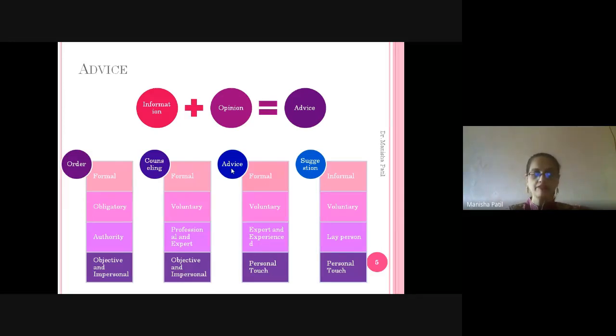First, we have the word order. It is formal, it is obligatory. Obligatory means compulsory. It is given by the authority, and it is objective and impersonal.